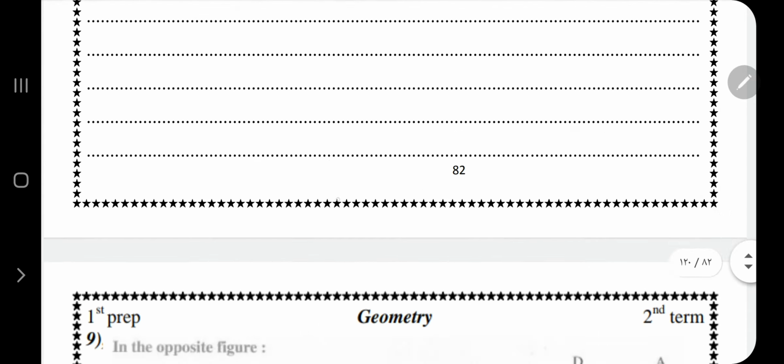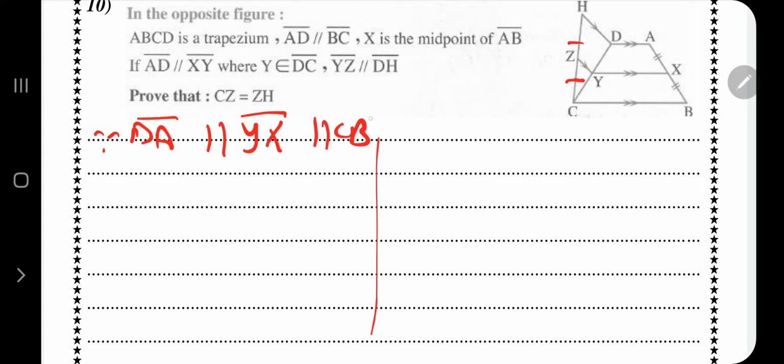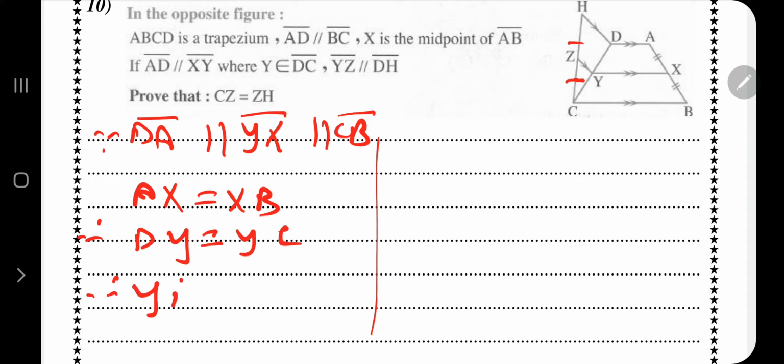This example uses the same steps. Here he asked me to prove that CZ equals ZH. At first I will write: since DA is parallel to YX, which is parallel to CB, and AX equals XB, that means DY equals YC, then Y is the midpoint of CD.